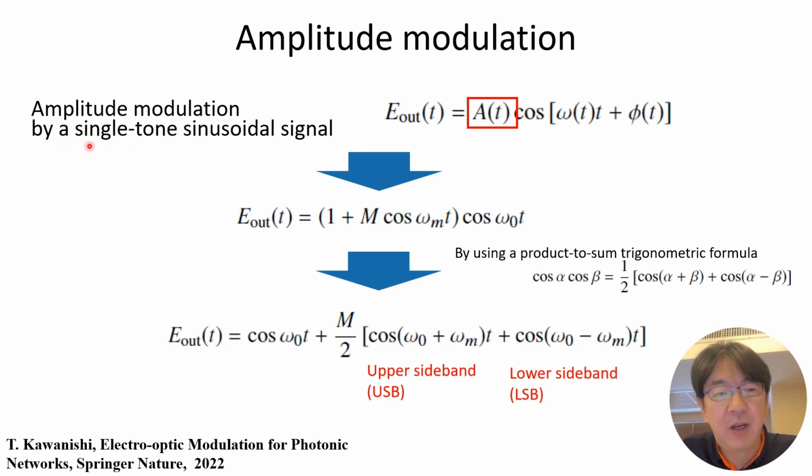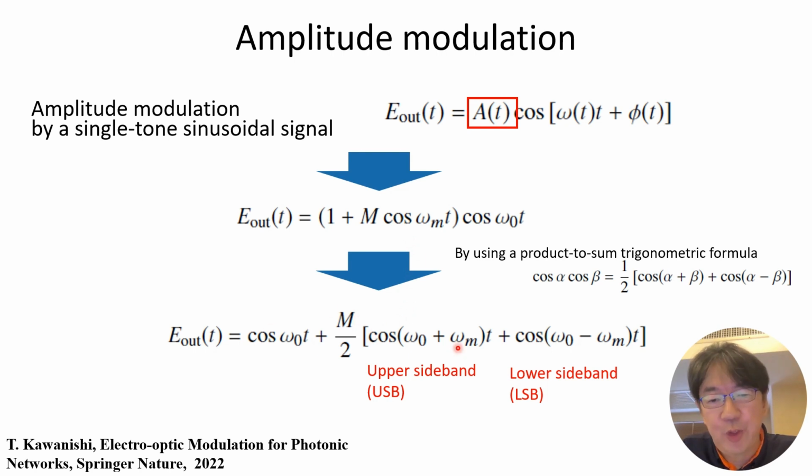Amplitude modulation by a single-tone sinusoidal signal, which can be described by this term, cosine omega_m t, is a modulating signal. By using a product-to-sum trigonometric formula here, we can get such expression from this one.